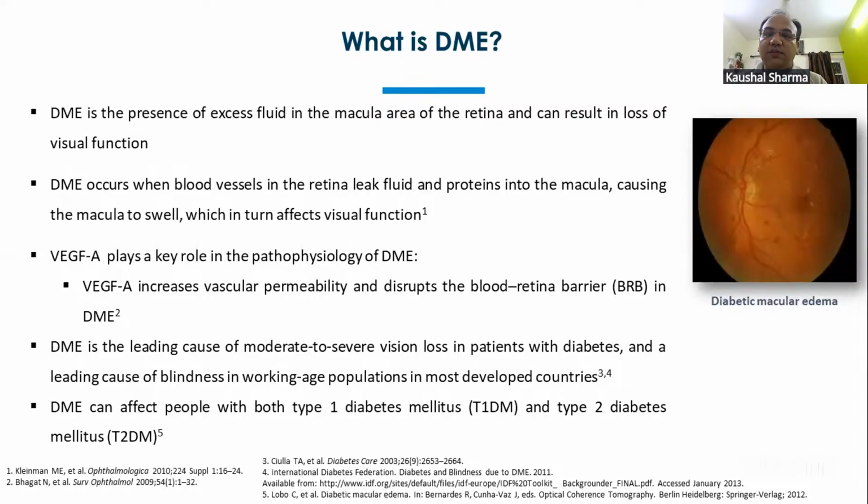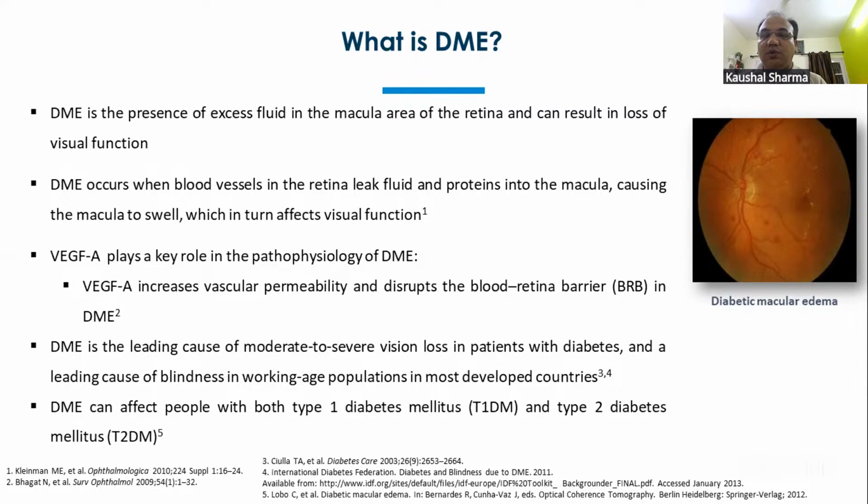VEGF-A plays a key role in the pathophysiology of DME. VEGF-A increases vascular permeability and disrupts the blood-retinal barrier, BRB, in DME. DME is the leading cause of moderate to severe vision loss in patients with diabetes and a leading cause of blindness in the working age population in most developed countries.